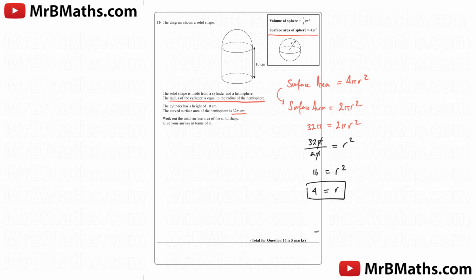So what I need to find out now is the surface area of the cylinder. We know that it's got a height of 10, but I do not know what the circumference of that is. So what I'm going to do is unwrap this to give me a rectangle. I know the height is 10, and I need to find what this is.